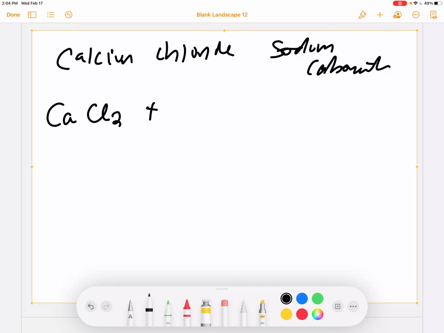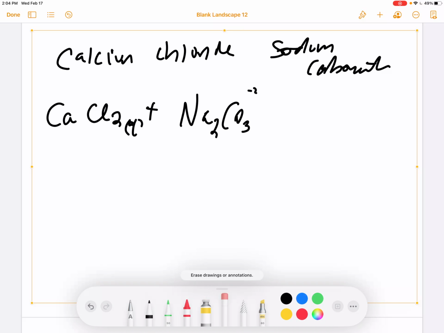We know these are both aqueous because they're on the reactant side. Then Na, and carbonate is CO3. Carbonate always has a charge of -2 and sodium has a charge of +1 always, so we need 2 Na to balance it out.